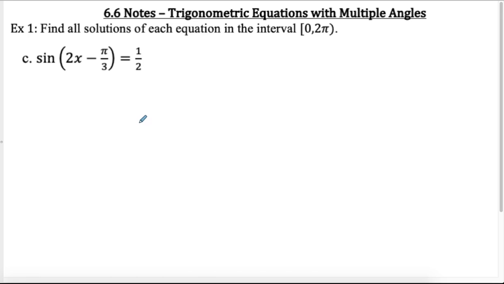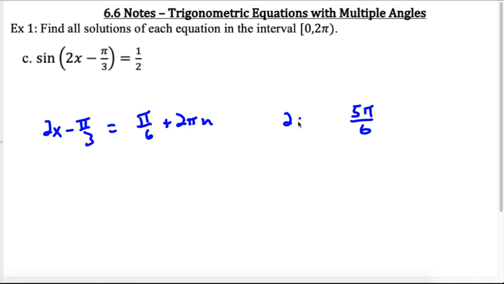So I'm going to set whatever's on the inside. So that's going to be this whole thing, 2x minus pi over 3 equal to pi over 6 plus 2 pi n. Same thing here, 2x minus pi over 3 equals 5 pi over 6 plus 2 pi n.